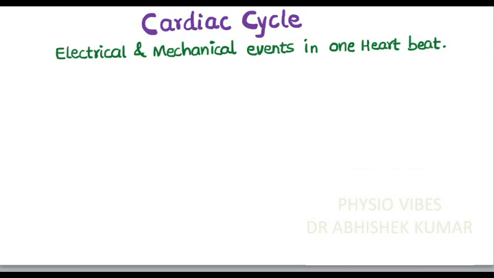We know that our heart beats around 70 to 80 times in 1 minute. On an average, this is equal to 75 beats per minute.